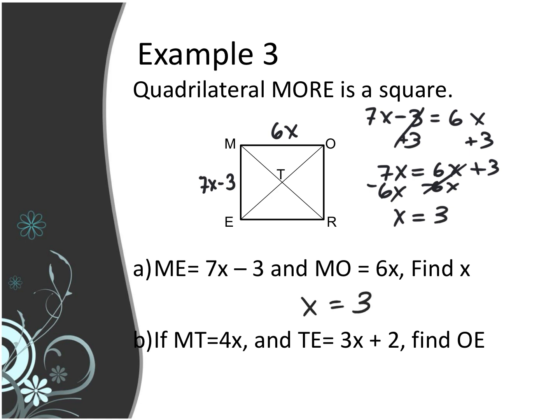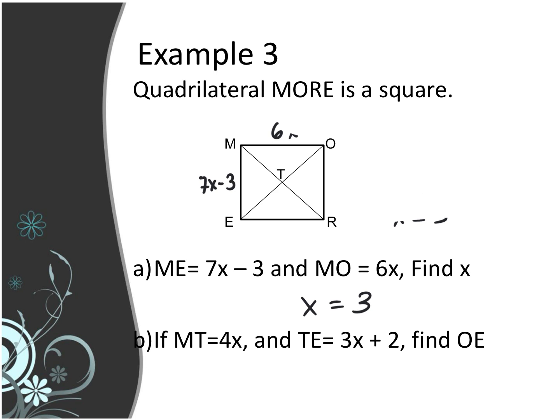Now I'm going to erase this because we're not going to need it, or we might need it for B, but probably not. And now for B, they were saying MT is 4x, and TE, so this one right here, is 3x plus 2, and they want us to find OE.